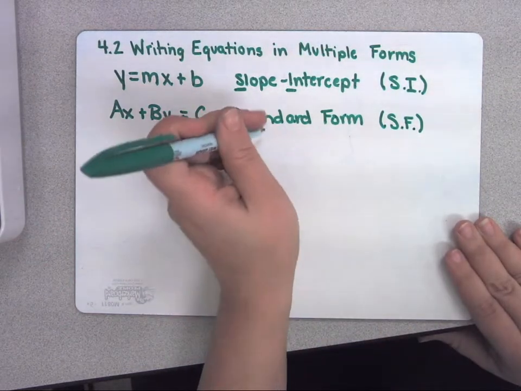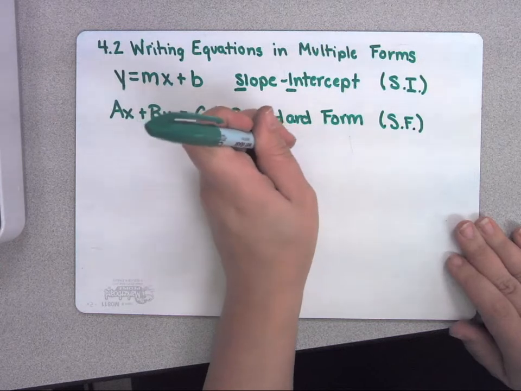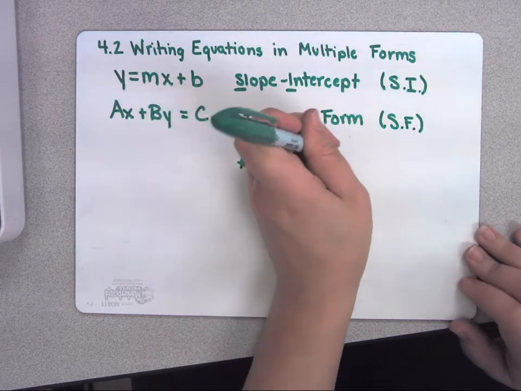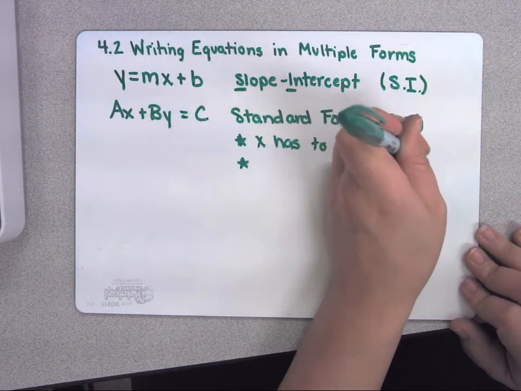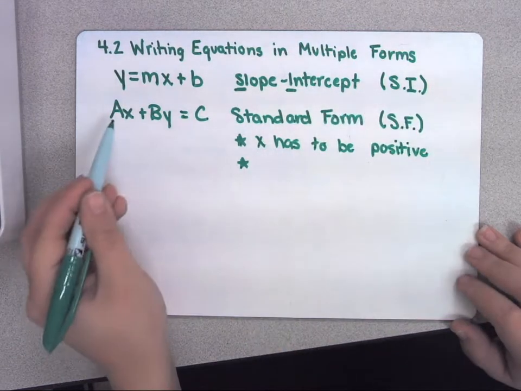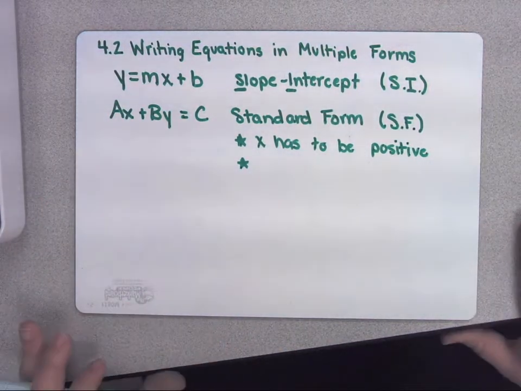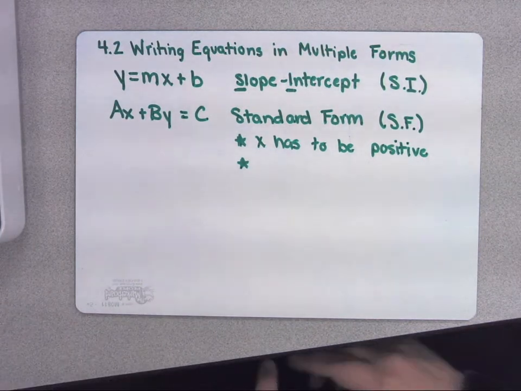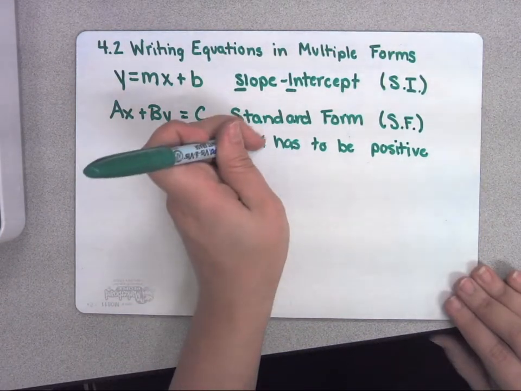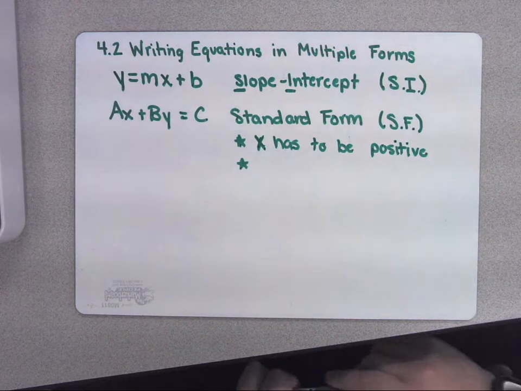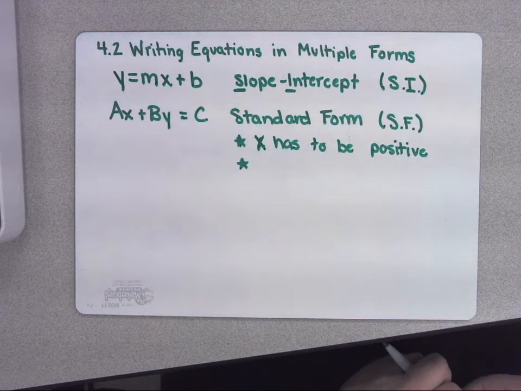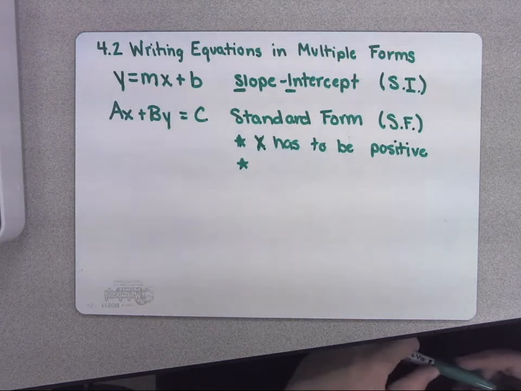Let me give you a hint. X has to be positive. Remember we talked about that? We always move X or Y around depending on if X is positive or not. Our final answer, whatever's in front of X, has to be positive. And we're not allowed to have a specific type of number.